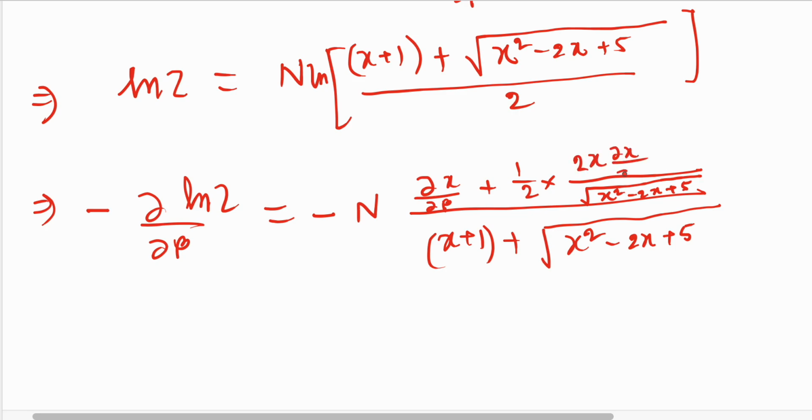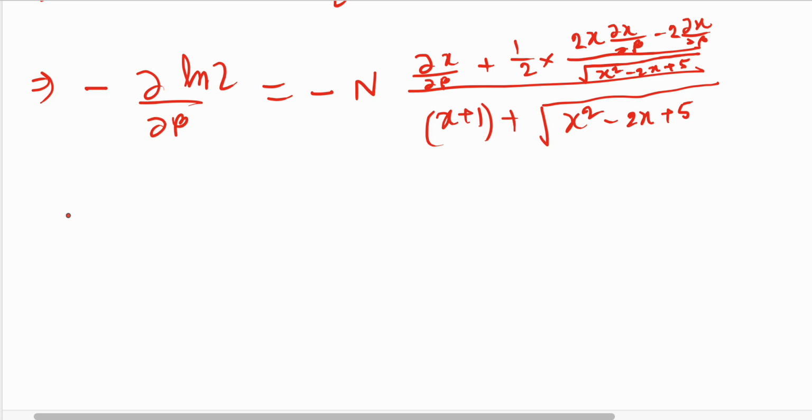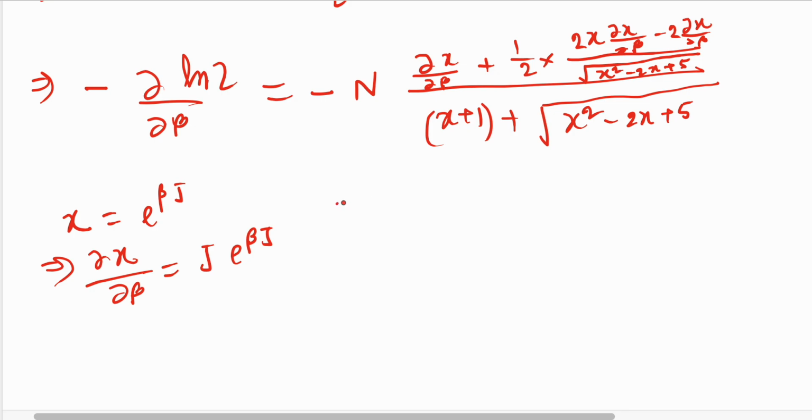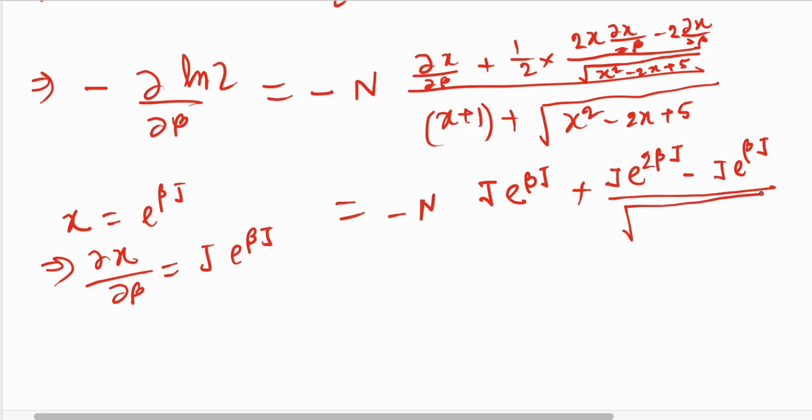2x del beta minus 2 del x del beta, and we know that x equals e to the power beta j, that means del x del beta will be j e to the power beta j, so that means minus n j e to the power beta j plus 2 cancelled, it will be j e to the power 2 beta j minus j e to the power beta j, e to the power beta j by root over of these terms.